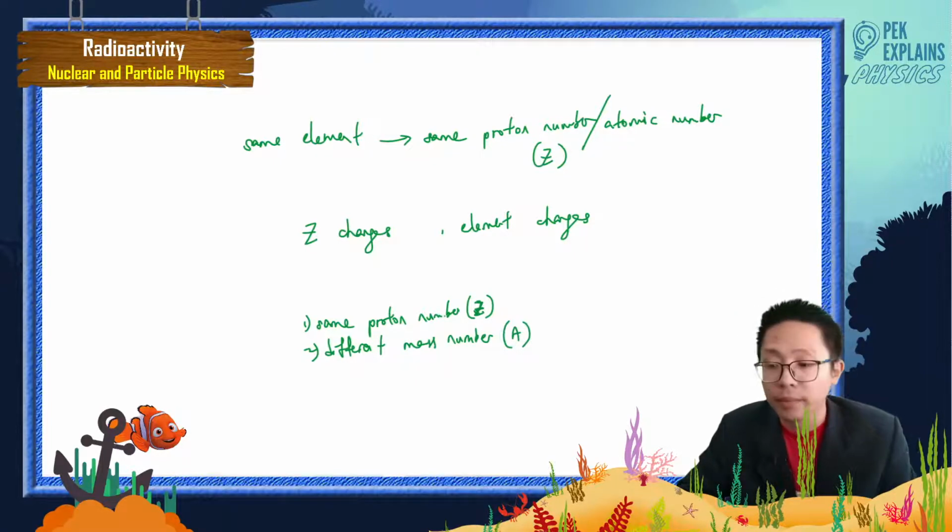Same proton number but different mass number. For example, I have carbon-12, I also have carbon-14, I also have carbon-13.